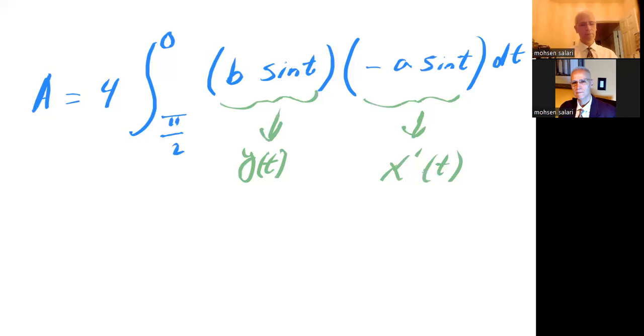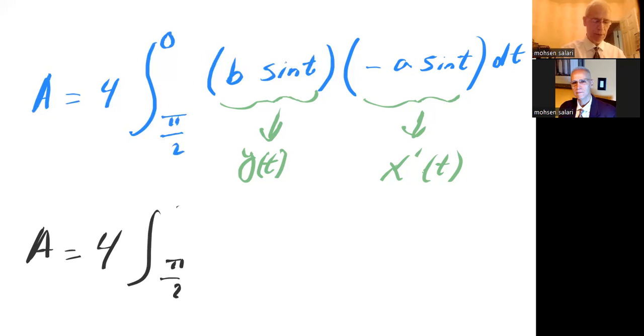Okay. All right. So now this is the same as area equals 4 times, if I multiply b times negative a, from pi over 2 to 0, this gives me minus ab sine squared of t dt.